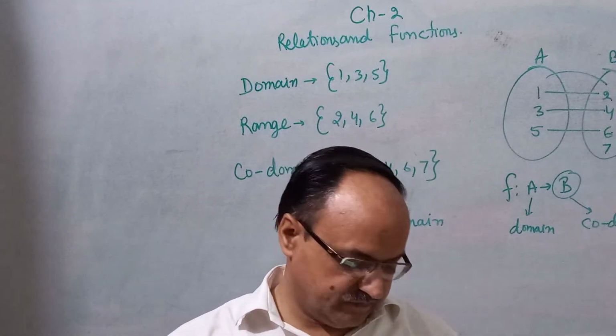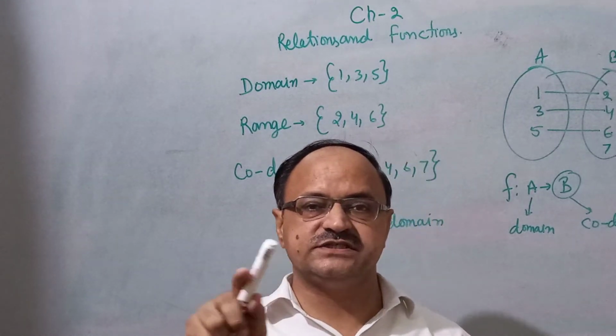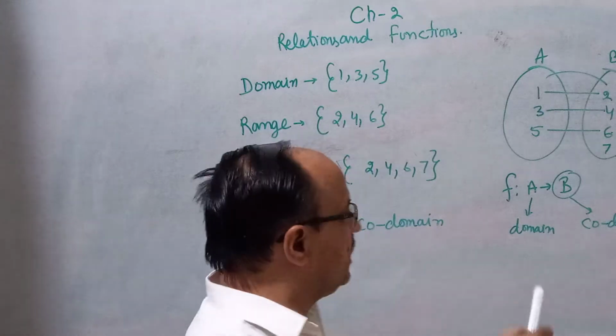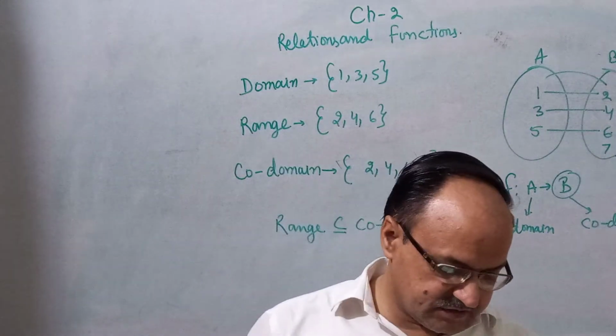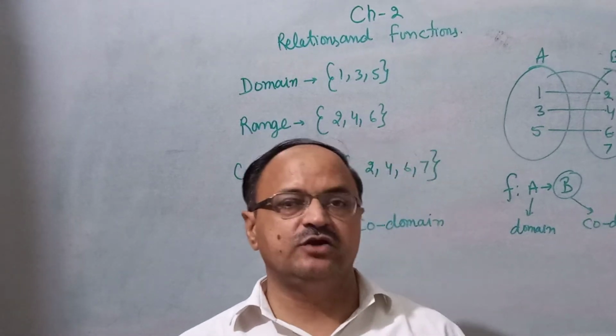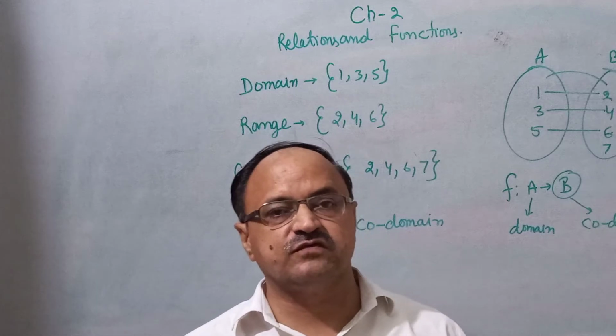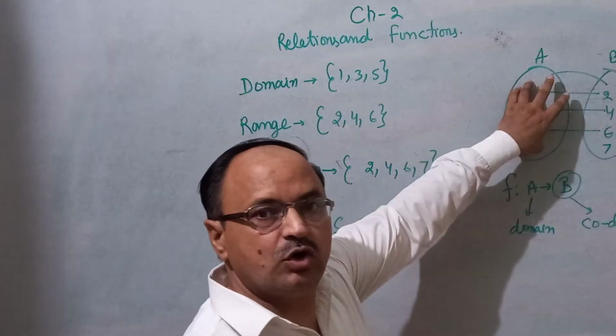And range means the set of all second elements of the ordered pairs in the relation R from set A to set B, and that range is a subset of codomain.